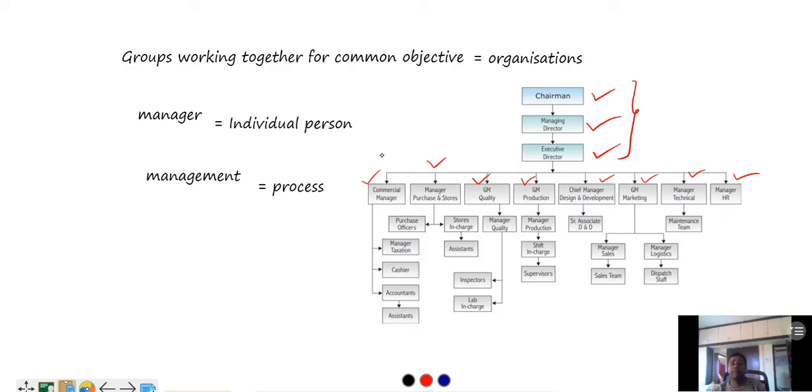So these different departments are available in a company, and for all departments different managers are recruited. These are called middle level management, and the others are called top level management, or also high level management.